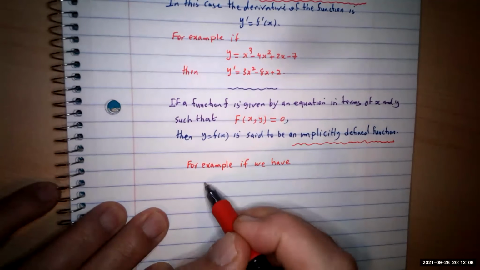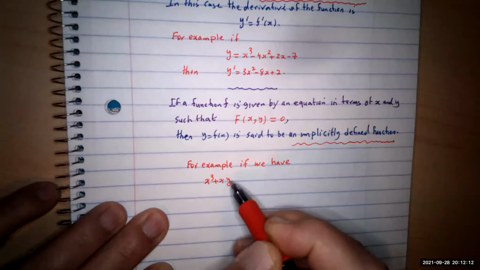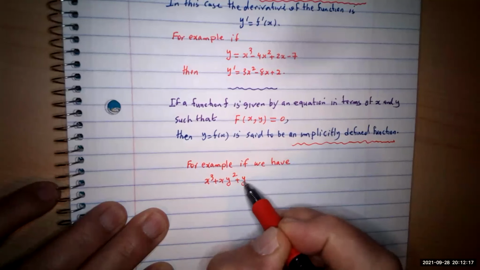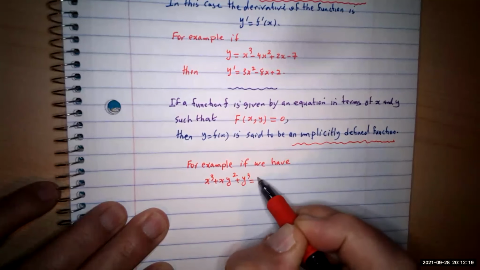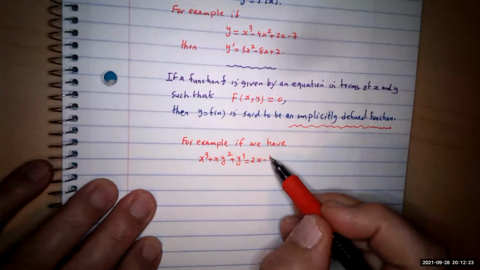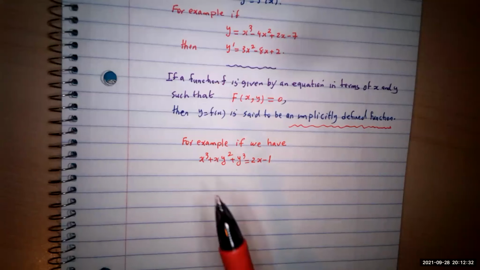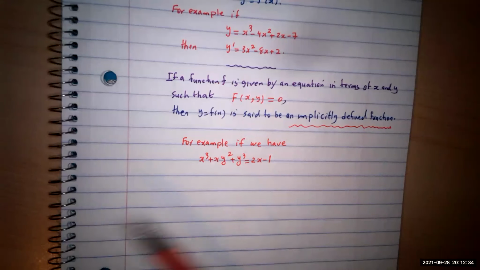If you have x cubed plus x y squared plus y cubed, for example, you make it as complicated as you like, equal to 2x minus 1. So we have an equation, x and y are together. So there is a function y that would satisfy this equation, but it's not easy for us to find y. It's impossible, you see, to solve for y.